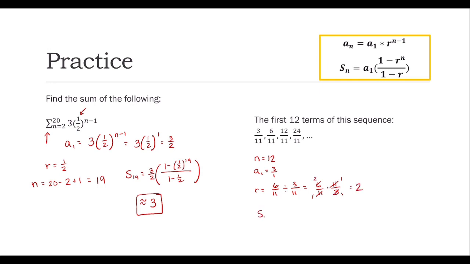So our sum of the first 12 terms is our first term, 3/11, times 1 minus our rate, 2, to the n, which is 12, over 1 minus our rate. So that gives us a sum of 1,116.8.